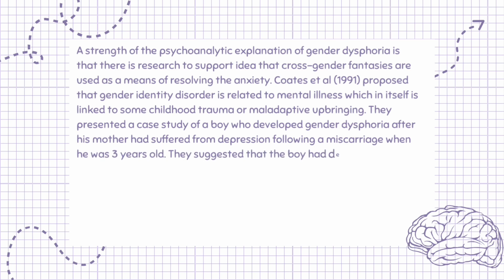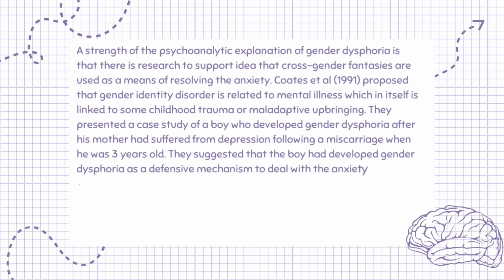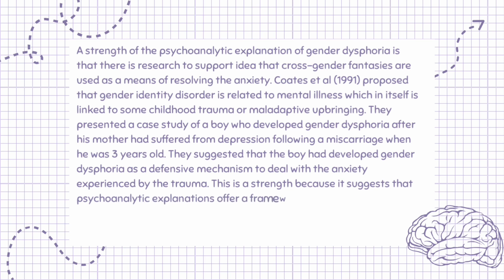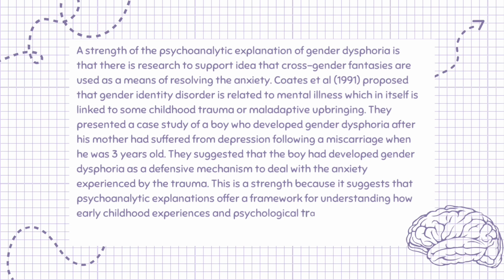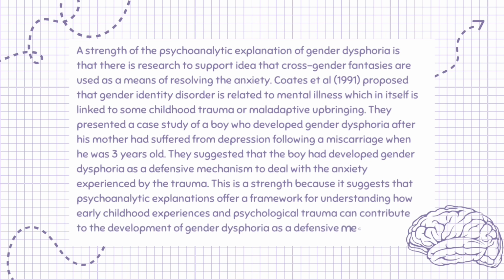They suggested that the boy had developed gender dysphoria as a defensive mechanism to deal with the anxiety experienced by the trauma. This is a strength because it suggests that psychoanalytic explanations offer a framework for understanding how early childhood experiences and psychological trauma can contribute to the development of gender dysphoria as a defensive mechanism.